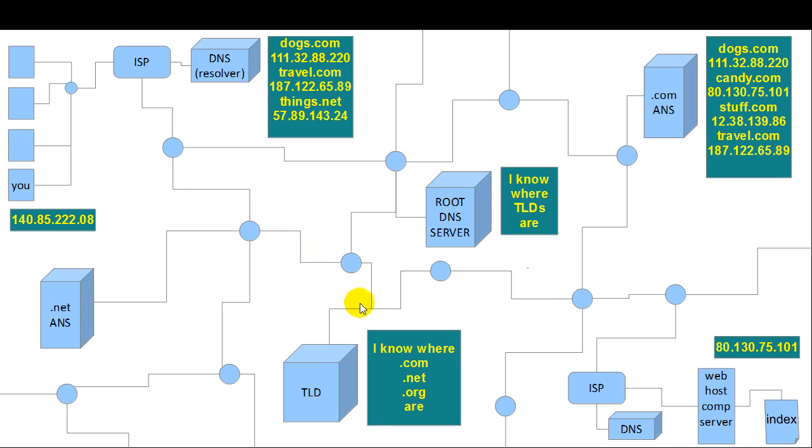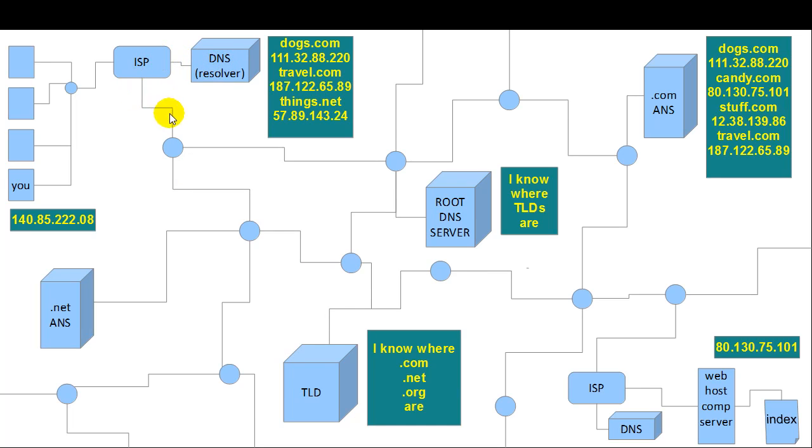It goes down here and says, hey, top-level domain server, I'm looking for candy.com. And the top-level domain server says, hey, I know where the .com people are. They're at this address over here. So it sends that address back to your resolver. The resolver then says, okay, now I know where the .com people are.